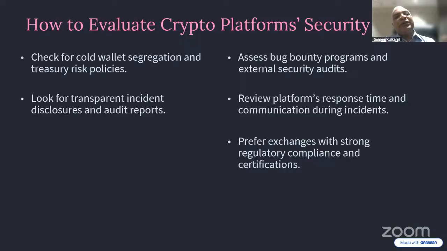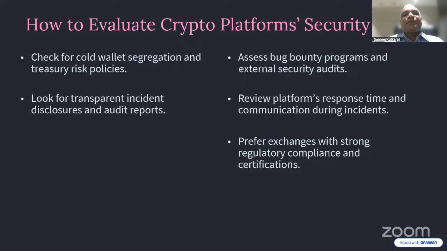SOC 2 Type 2 means that over a period of 6 months, the company has consistently secured their internal infrastructure with adequate technical measures. Similarly, we should ensure that exchanges like CoinDCX are certified, as those certifications also prove the trust in those particular exchanges.